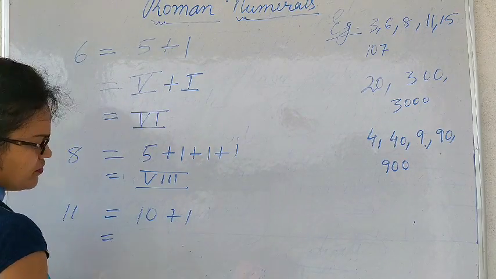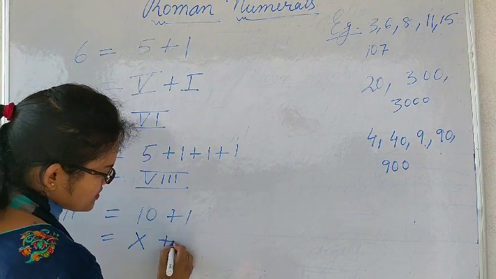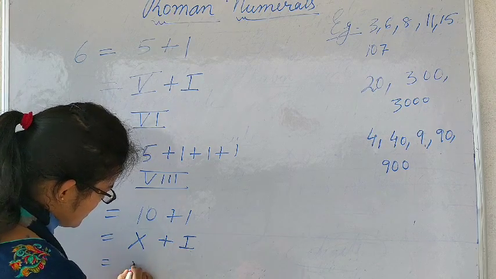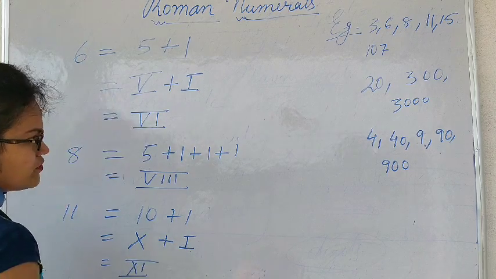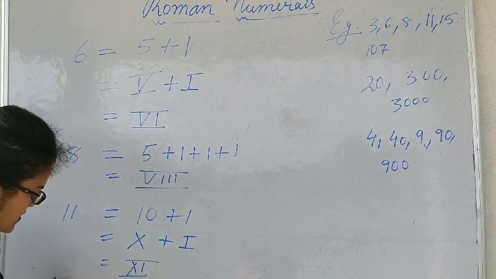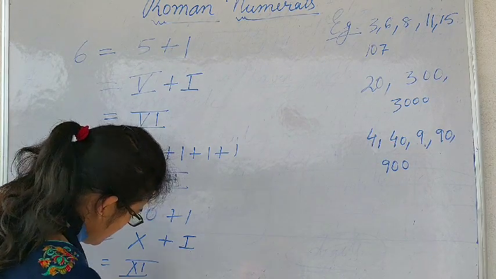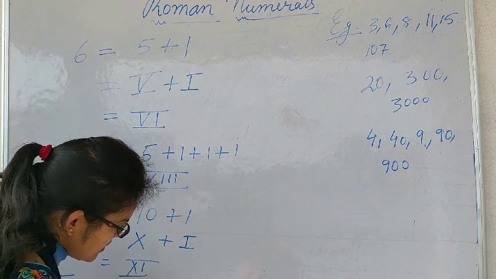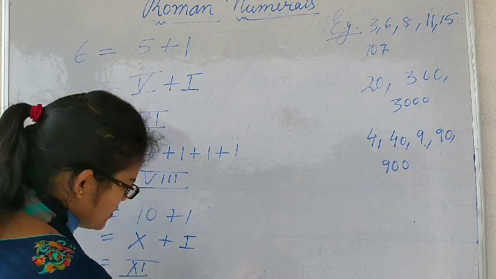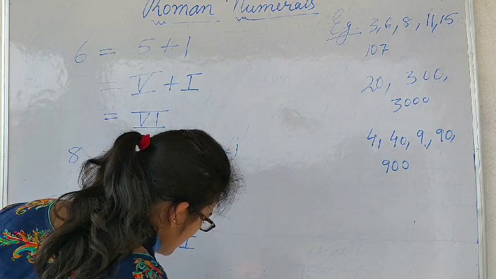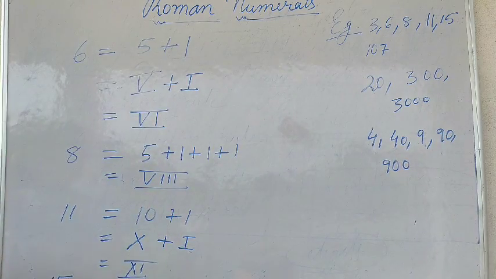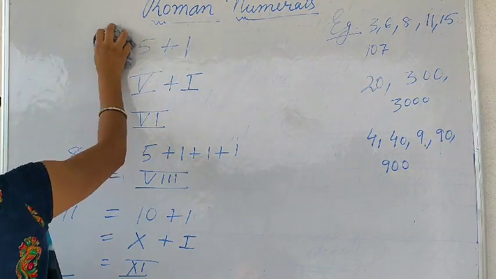We have the symbol for 10, that is X plus I. So this is XI for 11. Now the next is 15. So 10 plus 5. For 10 the symbol is X and for 5 the symbol is V. So XV.